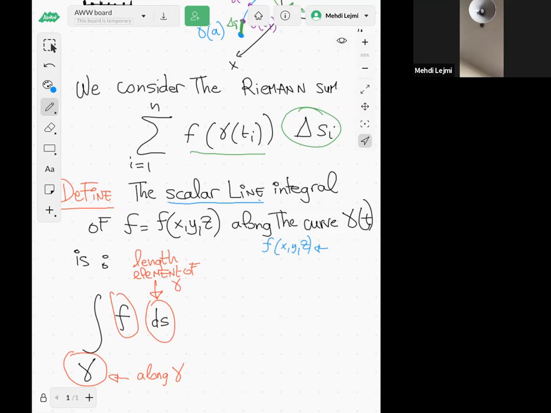For example, f of x, y, z is equal to x times y times z. So my function f is from R3. It takes three variables, but the result is just one number, and because it's just one number, it's called a scalar.